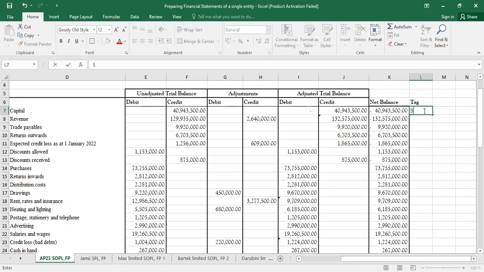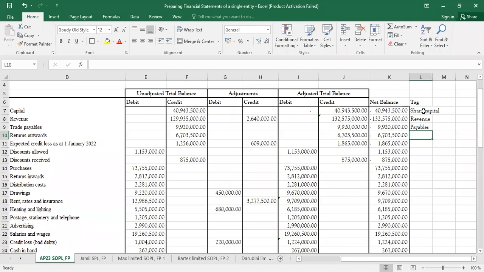The first one is the capital, so it will reflect as share capital. We move down, it will reflect as revenue, isn't it? We move down, maybe later we just call it payables because we just work, isn't it? Return outwards, isn't it?